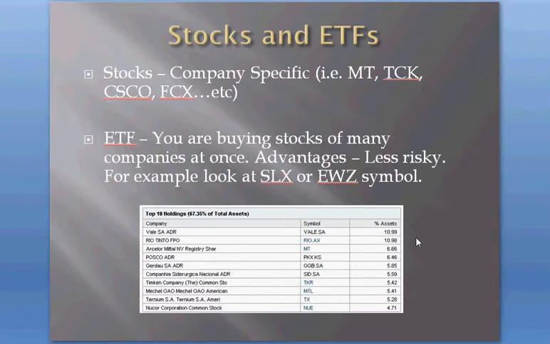The advantage of an ETF is less risk. Sometimes one company keeps going down and down, underperforming, and never recovers to the level at which you bought the stock. An ETF is less risky, because you buy like 10 different companies' stock in one ETF. So I personally like ETFs rather than stocks.